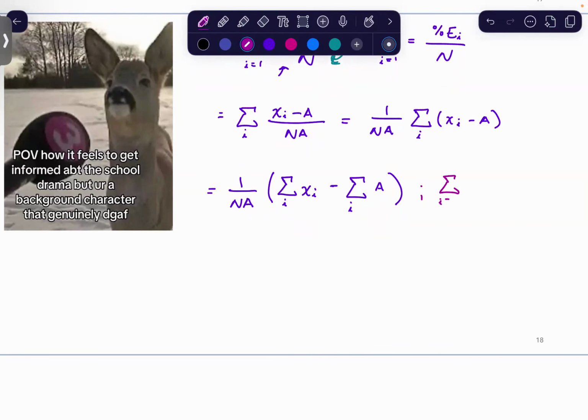If I have i equals 1 to n of a constant, all I'm going to get is the number n times the constant. Because think about it. Let's say a equals 2. Okay, well, what I would have, and you have n equal, so i equals 1 to 5, so n equals 5. And I did this, and I summed those all up, and so then I would have 2 plus 2 plus 2 plus 2 plus 2. So add it together 5 times.